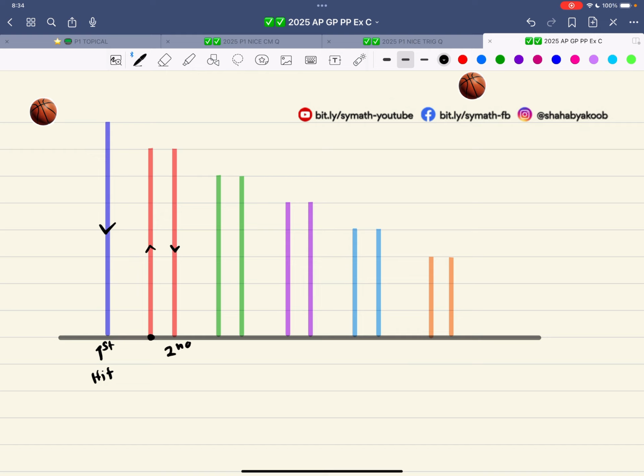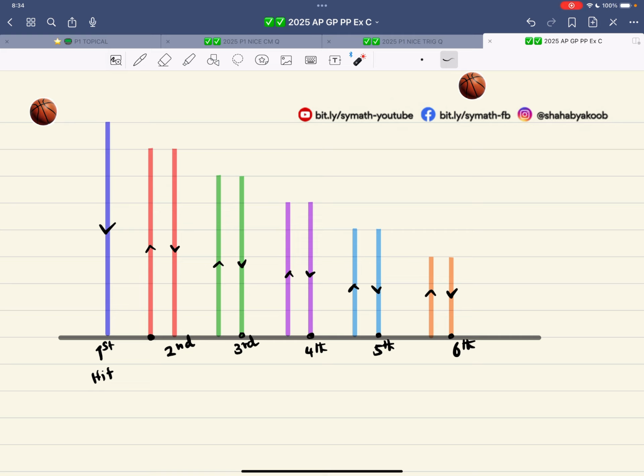It's going to hit the ground for the second time. The same process is repeated. It's going to hit the ground for the third time and then the fourth time. And then similarly, it's going to hit the ground for the fifth time and then for the sixth time. Going up, going down, going up, going down.